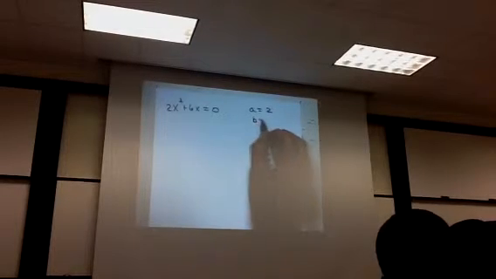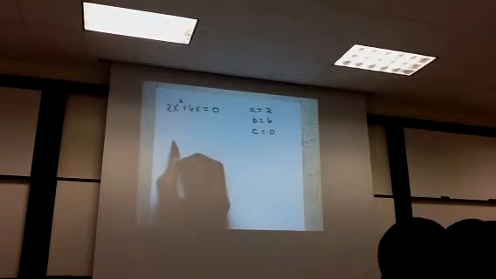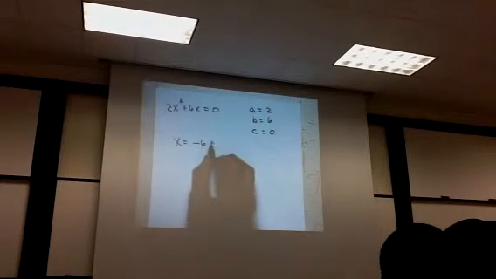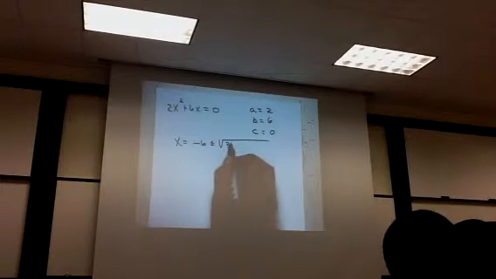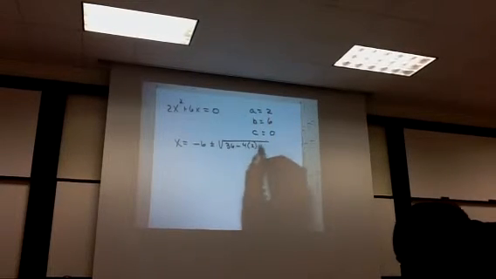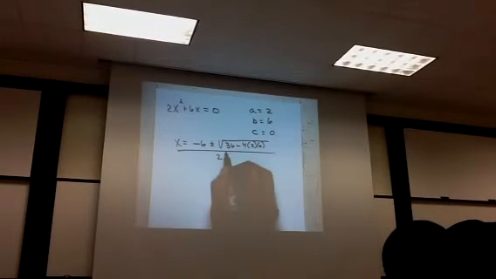And B is? And C is? Okay, so here we go. Opposite of B, plus or minus square root of B squared minus 4 times A times C, all over 2 times A.